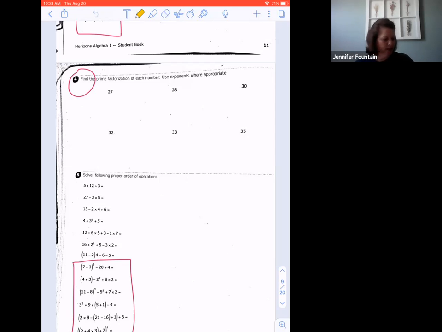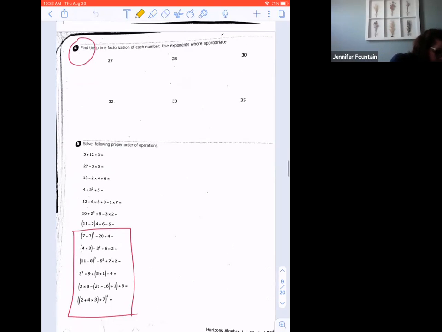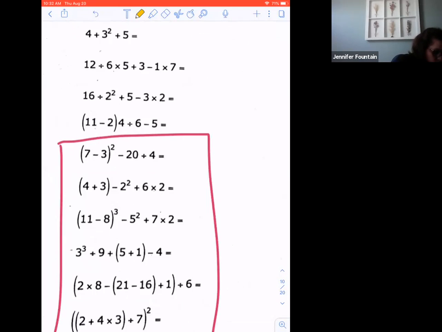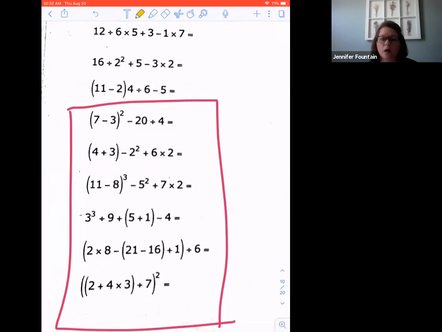Activities 5, the bottom 6 problems. Okay, so let me count down. Actually, there they are right here. All righty.